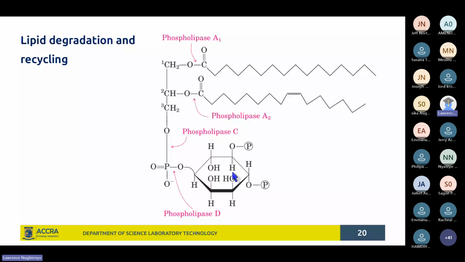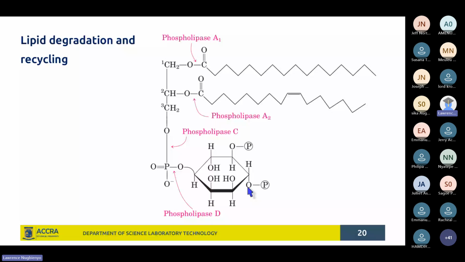We did see that for these phospholipids, you can have different head groups, not specifically what you are seeing here, which is some inositol. No, that's not the only thing. We did see even some amino acid can be there.